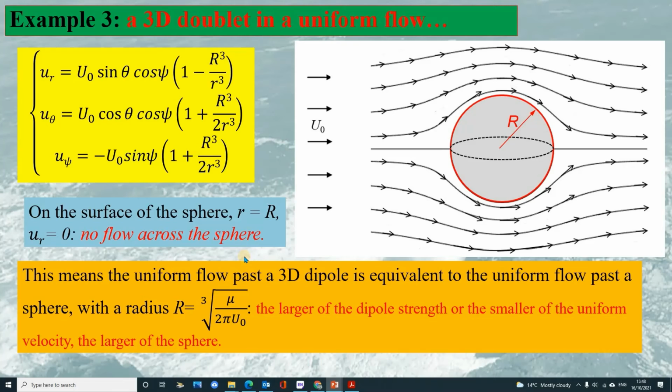The uniform flow past the 3D doublet is equivalent to the uniform flow past the sphere, and the sphere radius R would be given as this expression. From this expression, we can see the larger the doublet strength mu, or the smaller the uniform velocity u0, the larger the sphere, because R is larger.